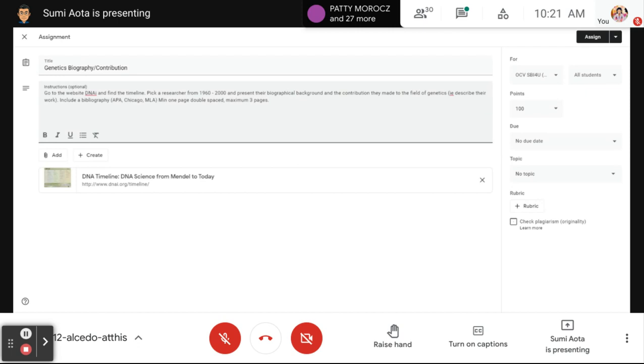Minimum, smallest font size 10 point. No unreadable font. I did have someone submit a paper in Wingdings once.